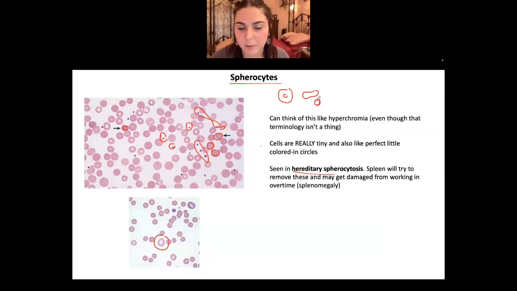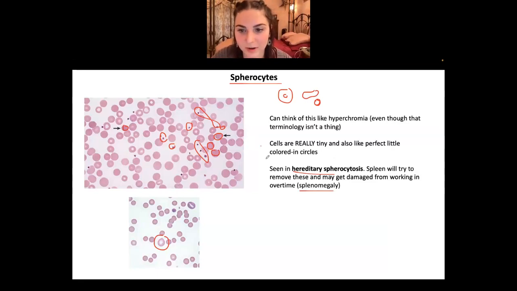They look like basketballs versus a biconcave shape, so these can actually get stuck in vessels. So spherocytes are a little more dangerous than target cells. But you do the best you can to help the patient manage it. You'll go into how you deal with a patient that has hereditary spherocytosis. For now, I'm just bringing your attention to all the things that could happen with the spleen, because that's your immune organ.